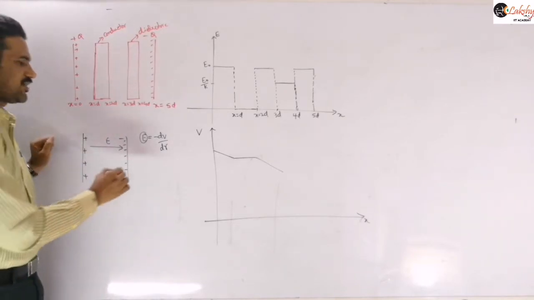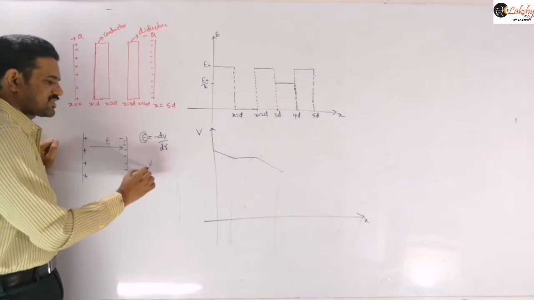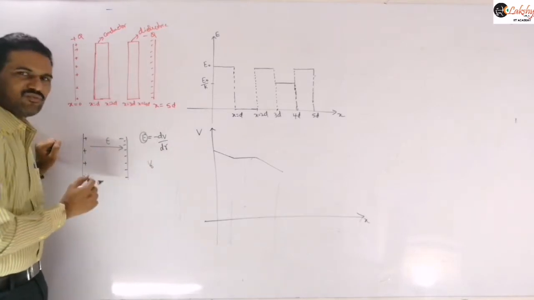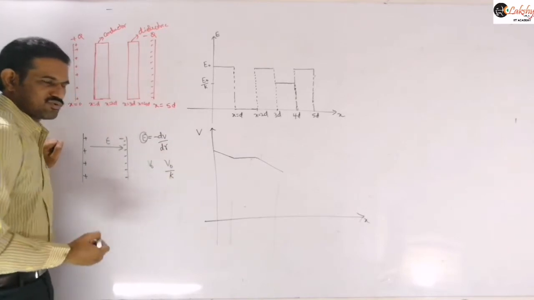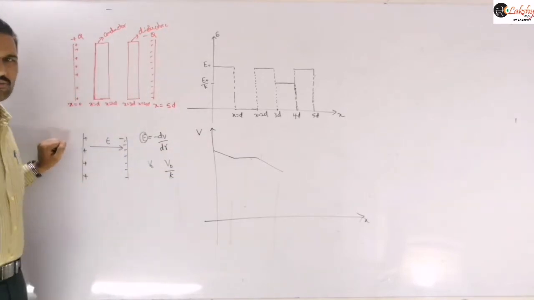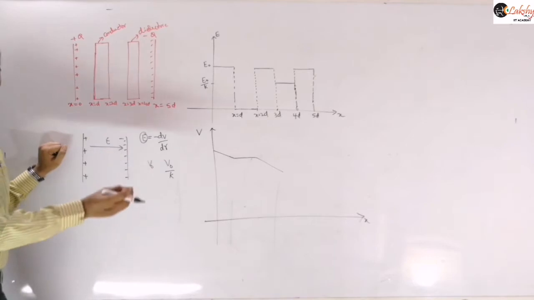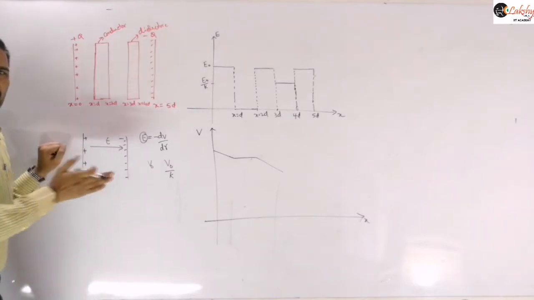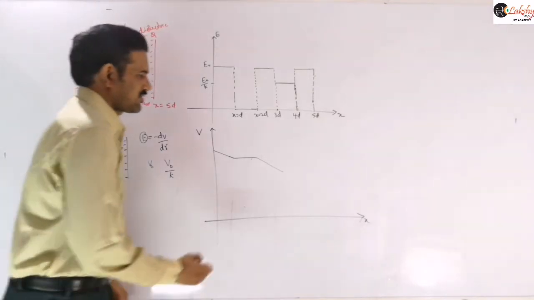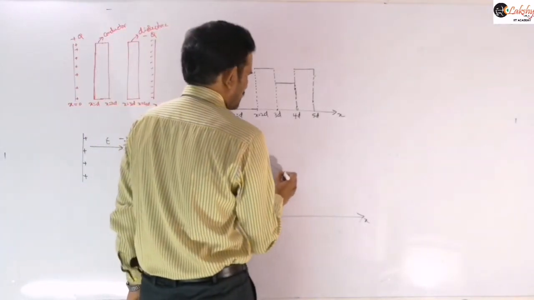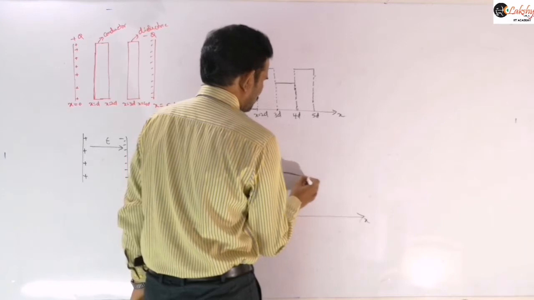If V0 is the potential change in air medium, then in dielectric medium it will be V0 by K, so the potential decreases by K times less. The potential is still decreasing, but it decreases by K times less when compared to the air medium. So you will get the graph like this.